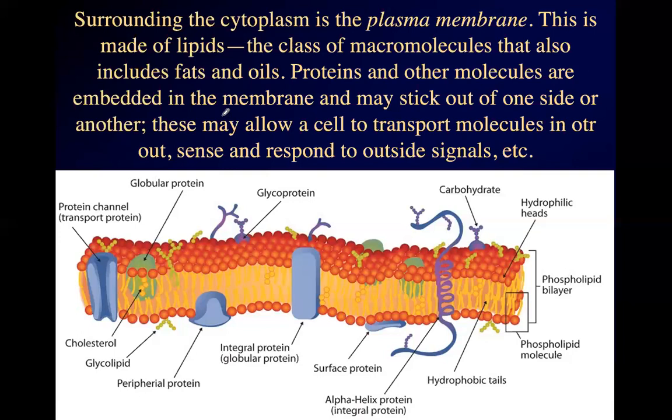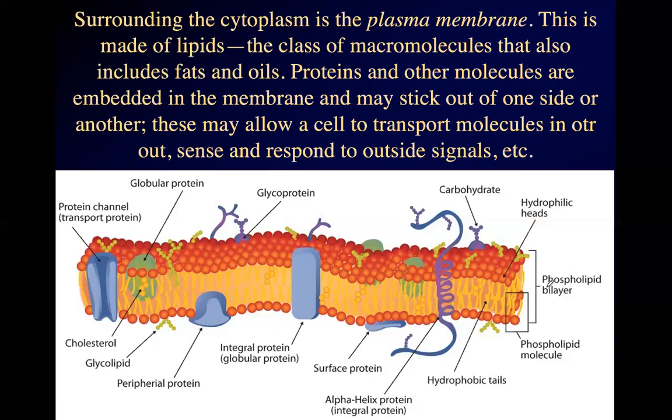Well, we've talked about proteins and nucleic acids until you probably never want to hear about them again. Lipids is the class that includes fats and oils, also waxes, incidentally. And a particular type of lipids, they're called phospholipids, if you must know.